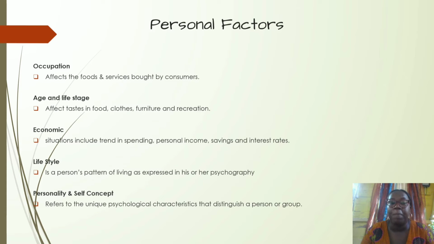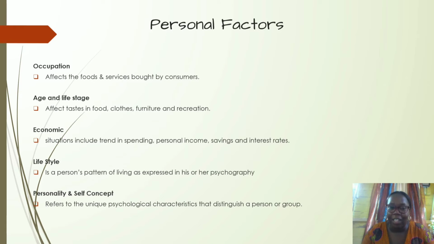Then, when we speak of age and lifestyle, we have to take into consideration that this affects the taste in food, clothes, furniture, and recreation. On the other hand, economic situation includes trend in spending, personal income, savings, and interest rates.